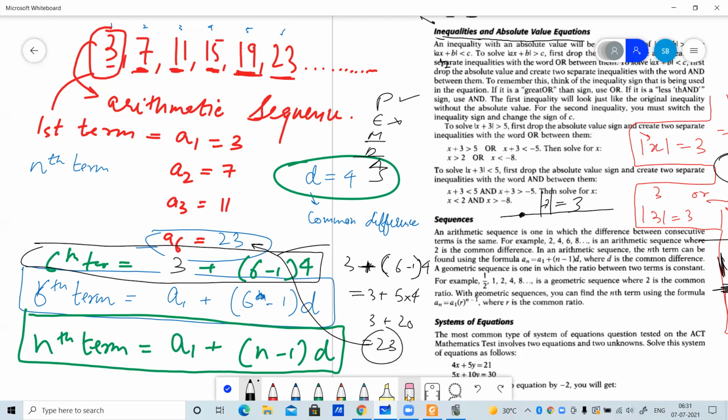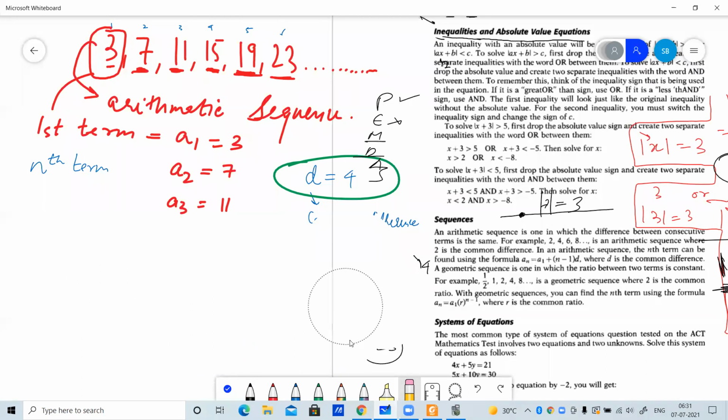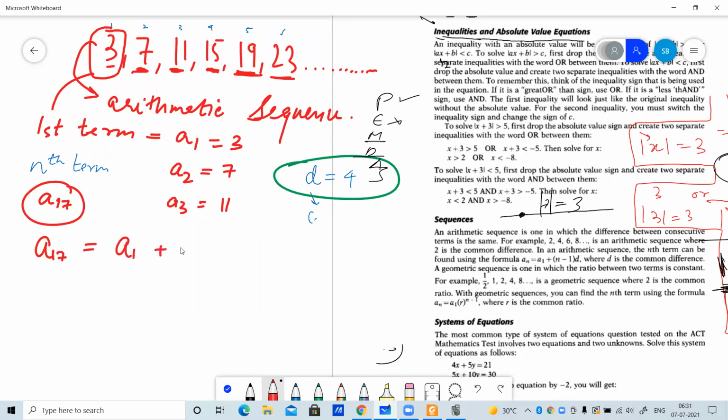So let us do this again with one or two examples. If we want to calculate the 17th term, A17, what will be the formula for A17? A17, that means the 17th term, will be equal to the first term, A1, plus 17 minus 1 times the common difference. A1 is 3, always.